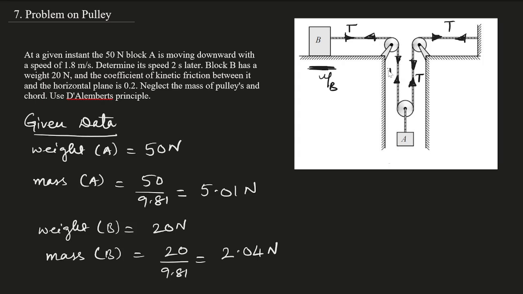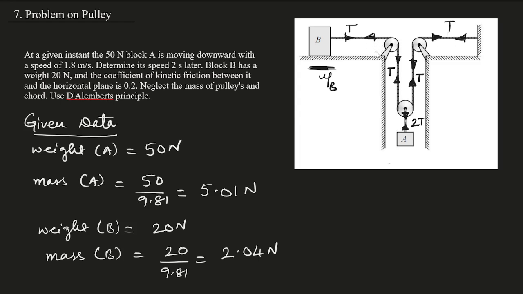We have two tensions acting at block A. This is upward, this is downward, so here we'll have 2T. In block A we have two tensions, and at the fixed end we have a single tension.